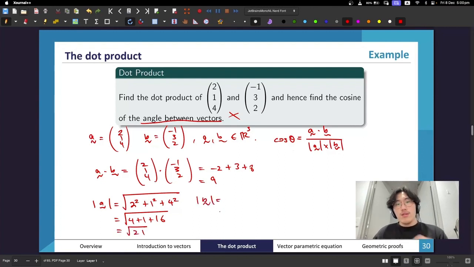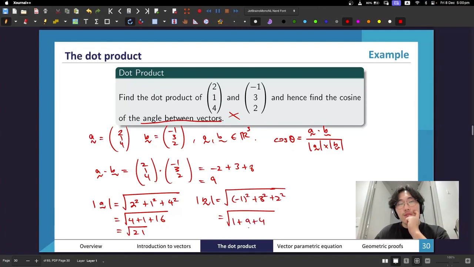And then the magnitude of b is equal to negative 1 squared plus 3 squared plus 2 squared, which is the same as 1 plus 9 plus 4, which is root 14. Okay, so therefore cos theta will be 9 on root 7 times root 2 times root 7 times root 3.